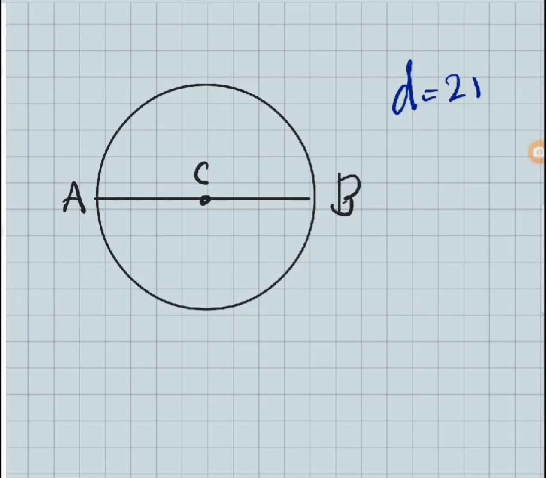So CB represents the radius of a circle, and AC represents the radius of the circle. So this is also the radius of the circle. Anytime you draw a line segment between the center of a circle and any point on a circle, that represents the radius of the circle.